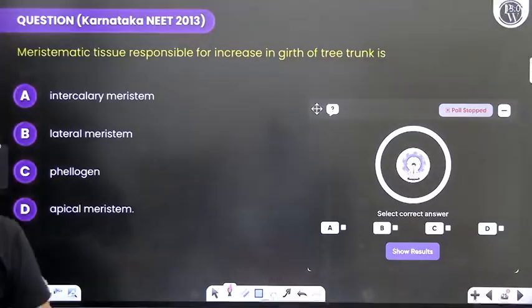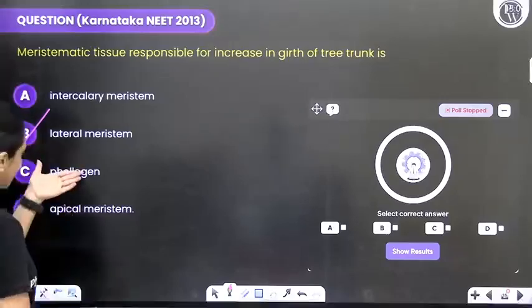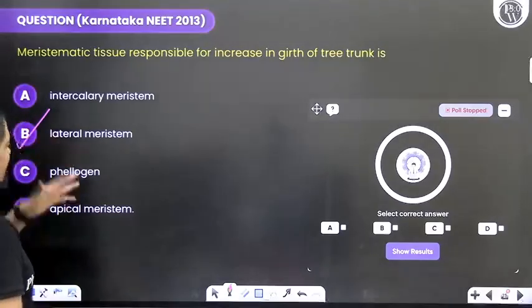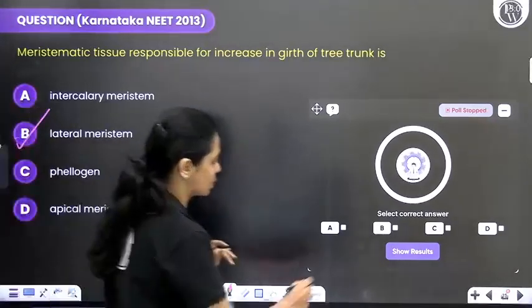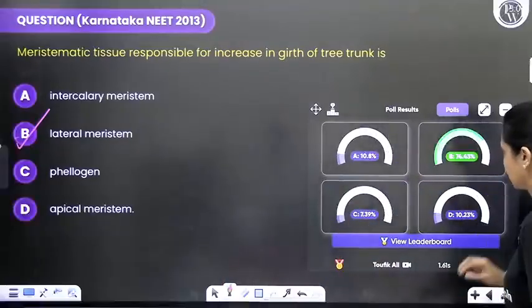The correct answer is lateral meristem. Actually, phellogen is a type of lateral meristem, but never mind. This is a faulty question. Option B is the correct answer. C also can be correct.